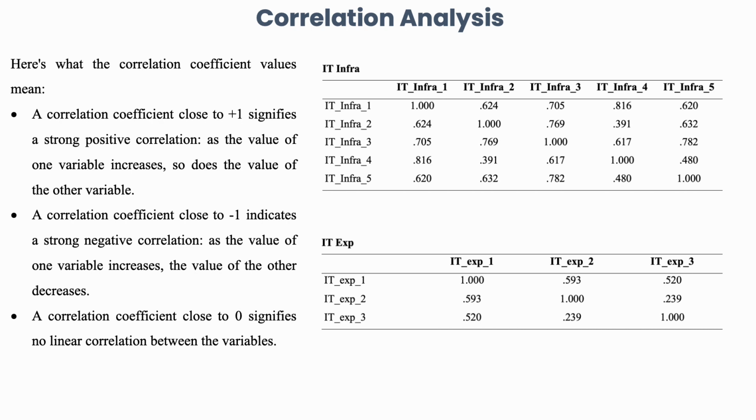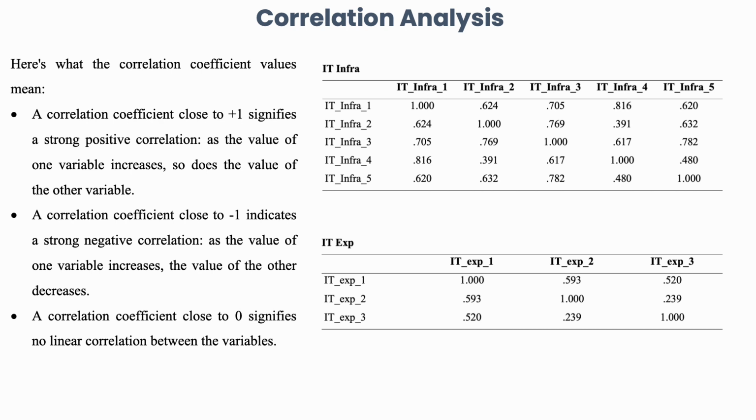This suggests a significant association between IT infra 3 and these variables. IT infra 4 shows a positive correlation with IT infra 5, 0.480, indicating a moderate relationship between these two variables. Alright, so let's move on to the IT experience table.